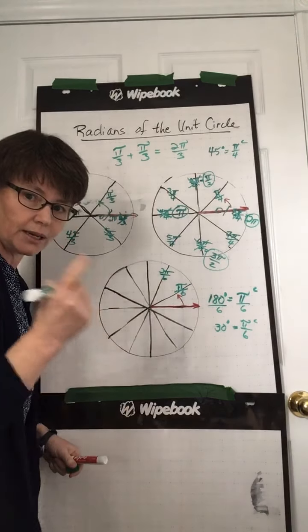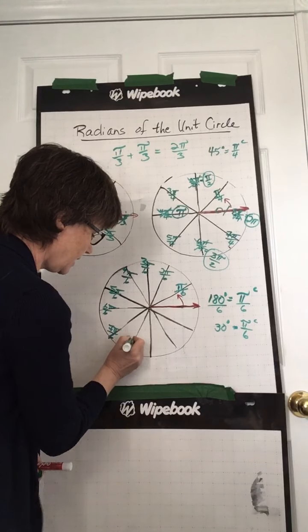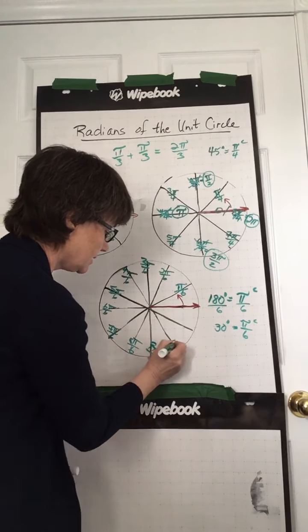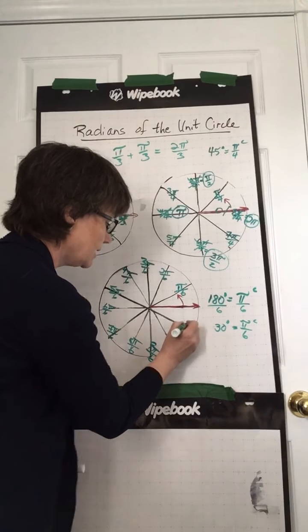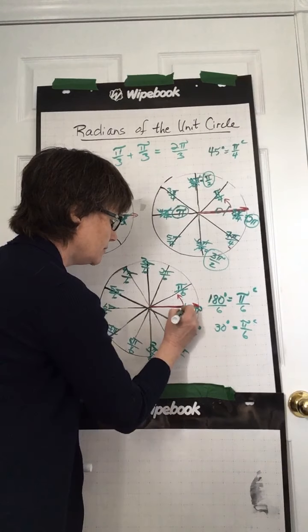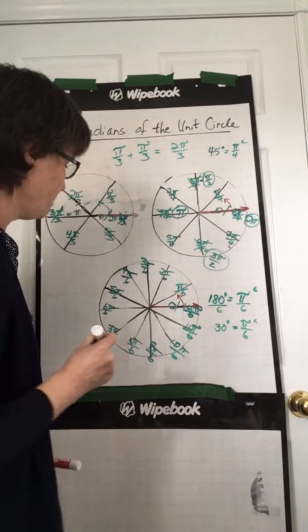I'll come back and do my reducing fractions later. 3 pi over 6, 4 pi over 6, 5 pi over 6, 6 pi over 6, 7 pi over 6, 8 pi over 6, 9 pi over 6, 10 pi over 6, 11 pi over 6, and 12 pi over 6. Again, I forgot my 0 if I start there and go nowhere.